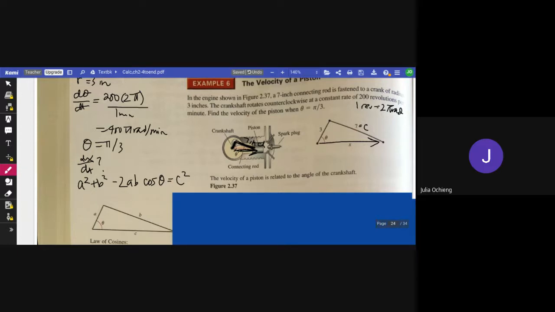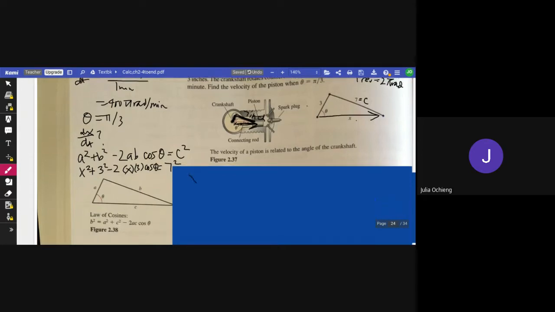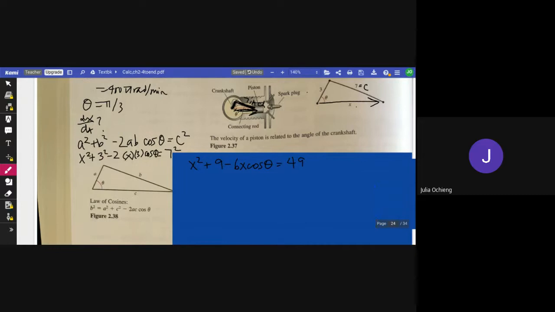And then it doesn't matter which one we label A or B, because A and B are just the other 2 sides. So then we're going to do x squared plus 3 squared minus 2 times x times 3 cosine theta equals 7 squared. I'm going to simplify that first. So x squared plus 9 minus 6x cosine theta equals 49. All right, so let's find the derivative of this in terms of time.